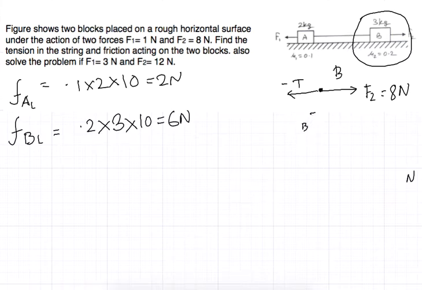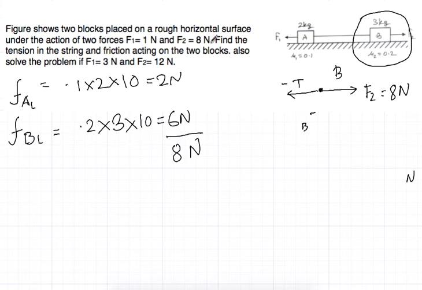Okay, this is even easier actually. Before going to the second part, I'm telling you a shortcut. First of all, the total opposing force, the total limiting value of FAL and FLBL is 8 Newton, and total force over here is 8 plus 1 Newton, that is 9 Newton.